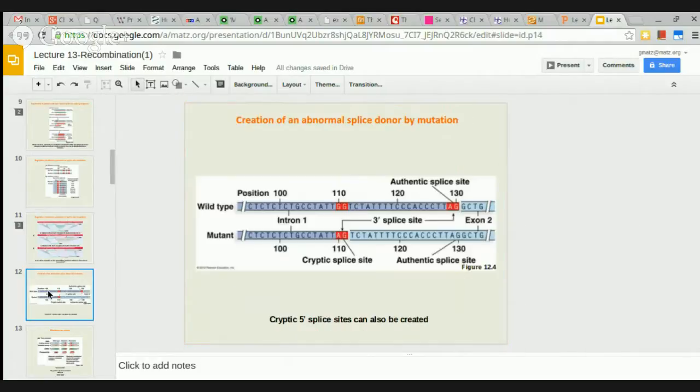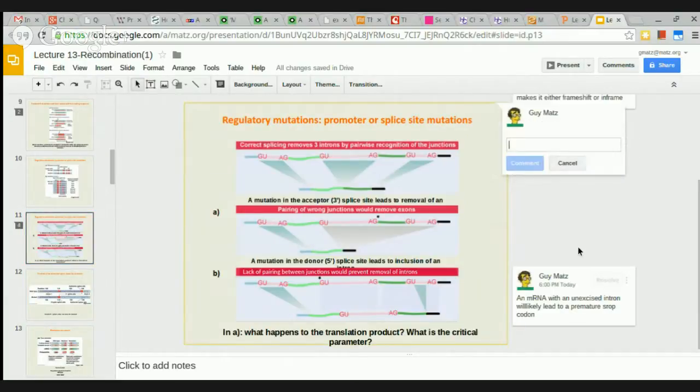Something else about splice junctions. I guess even better. You know that splice junctions, donor and acceptor sites, are really not defined that well at the nucleotide level. It's not like you have a very strong consensus sequence. You have AGGC, for example, as a 3' splice site.